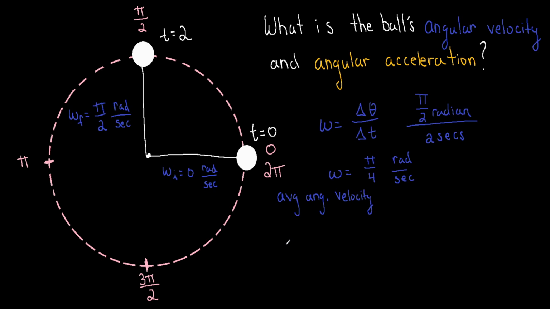Now let's solve for our angular acceleration. From the lecture, we know that our angular acceleration is alpha equals the change in our angular velocity divided by a change in time. And we know that this simplifies to our final angular velocity minus our initial angular velocity, all divided by a change in time.